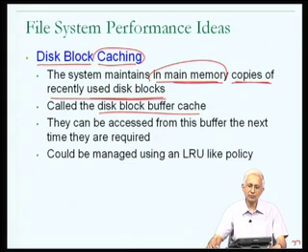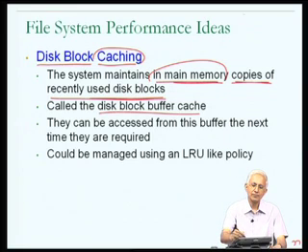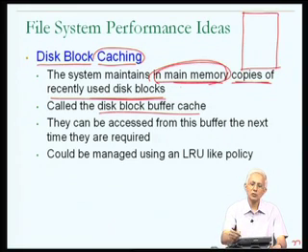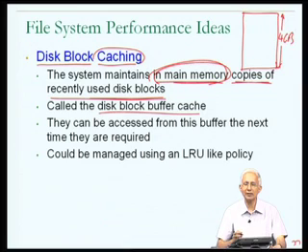Now the question which may arise at this point is, where is this disk block buffer cache going to be managed? And we must bear in mind that this is all coming out of main memory. You'll recall that we have this general idea that the main memories on the computer systems that we're dealing with could be something like 4 gigabytes.